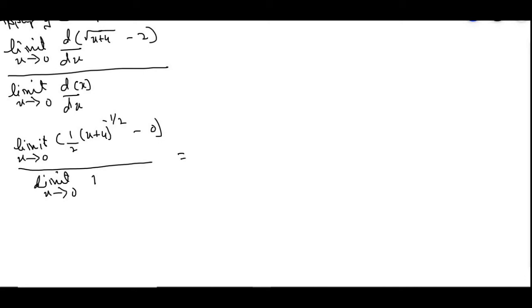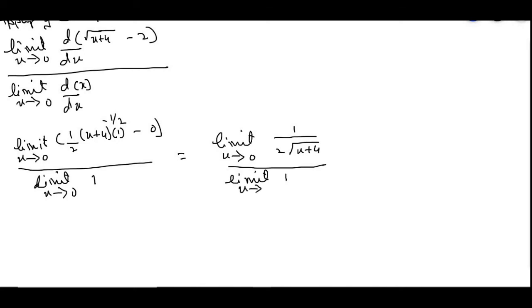Now we have limit x approaches to 0, 1 over 2 under root x plus 4 over 1, because the limit of constant is 1, so still we write limit x approaches to 0.